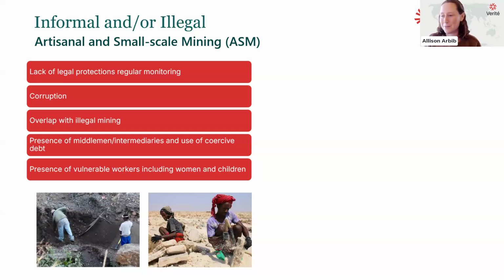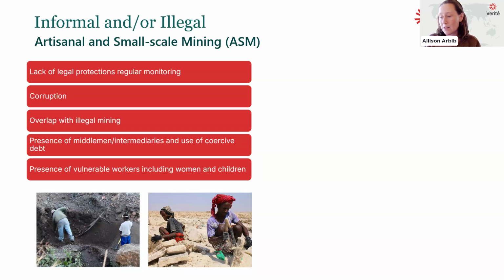It often gets talked about in terms of the negatives, but it's important to remember that this provides a livelihood for a huge number of people who otherwise may not have one. It produces a large supply of the world's gold, tantalum, tin, as well as gemstones. That said, there are also a number of risks. It's often outside and excluded from legal protections.